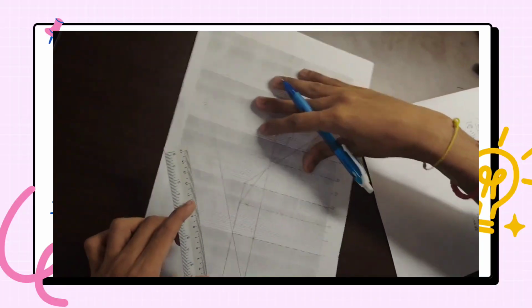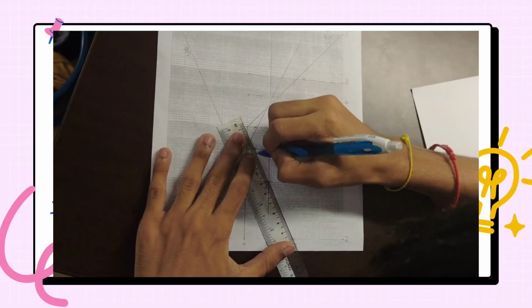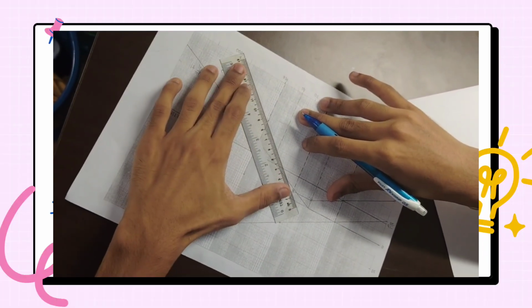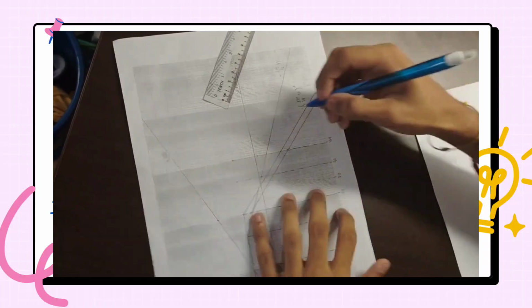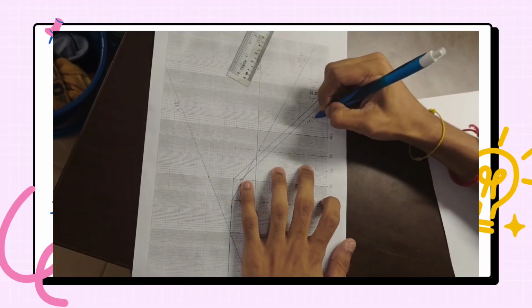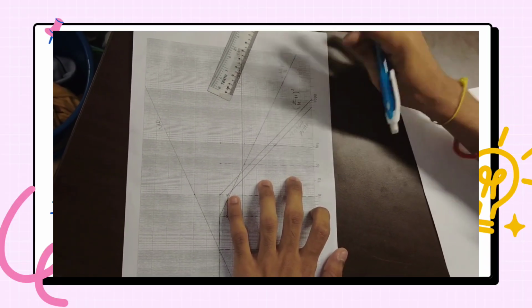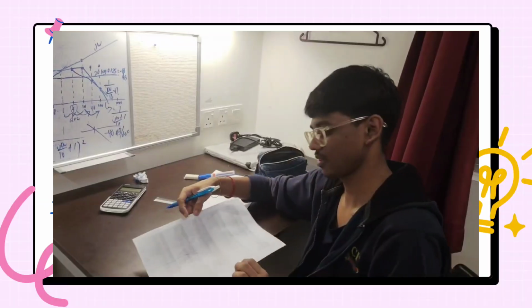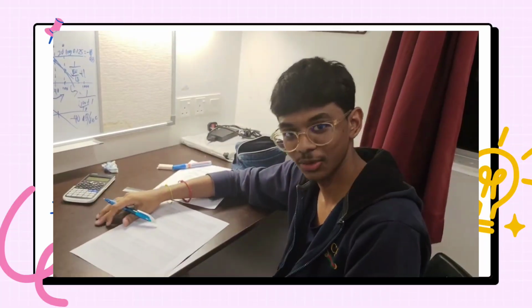Then we just sketch it. After that, we label it as the critical point. Then it looks like this. That's all from me. Thank you.